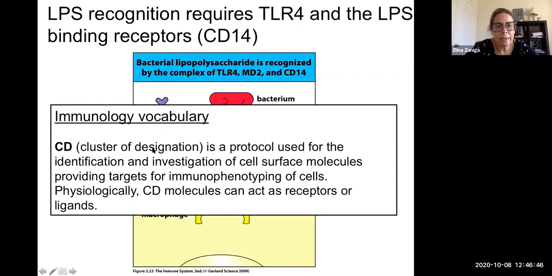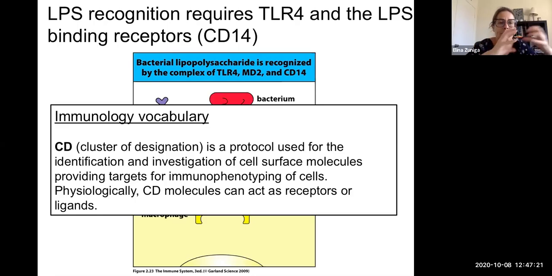Basically, CD means cluster of differentiation, and it's a protocol used for the identification and investigation of cell surface molecules that then provide targets for immunophenotyping of cells, okay? So many times we identify the cells of the immune system because they express a combination of these CDs that allow us to immunophenotype the immune cells.